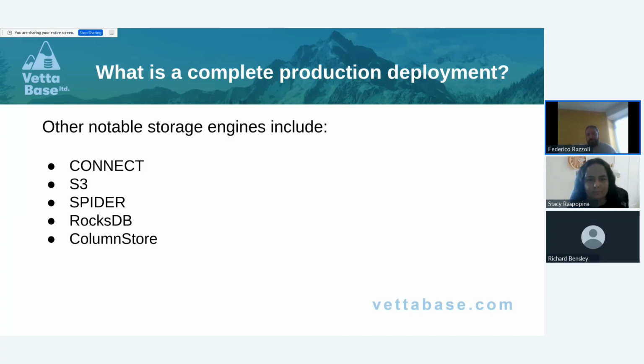Spider connects to remote databases. Well, not any database in this case. It must be MariaDB. But it is different from Connect because it supports partitioned tables. So you create a partitioned Spider table, and every partition can point to a remote server.